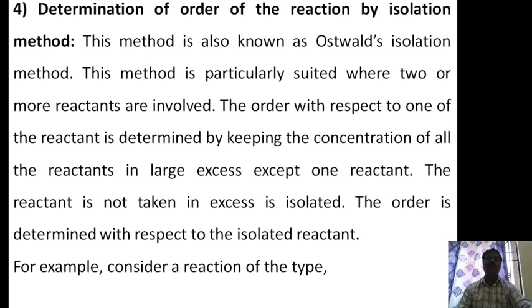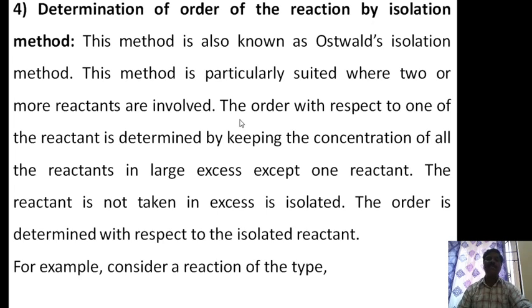Therefore, when two or three reactants are there, for one you take a sufficient, measurable quantity, and the other reactants are taken in large excess, and the corresponding changes in the rate of the reaction you neglect. With respect to the reactant taken as the measurable quantity, you calculate the rate or order of the reaction, and that will be isolated.